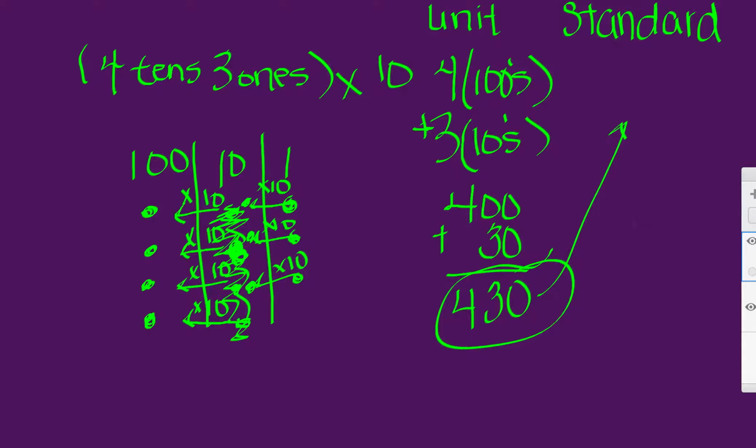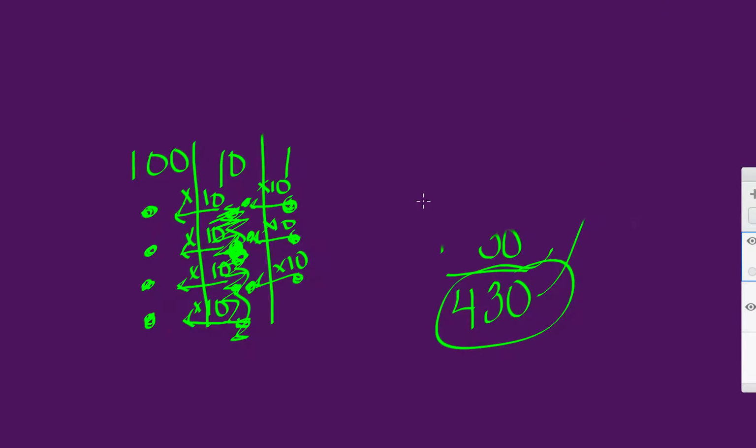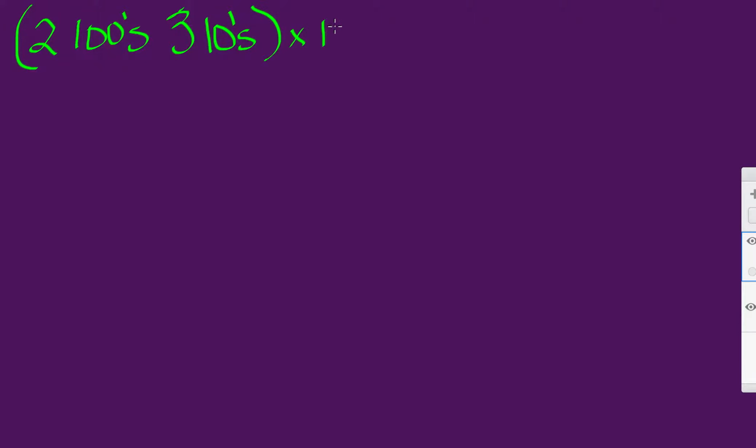So let's erase that. And the next question is unit and standard form again. And this time they're asking you 2 hundreds and 3 tens, and they are timesing those by 10. So timesing means you're going to get bigger again in your place value.